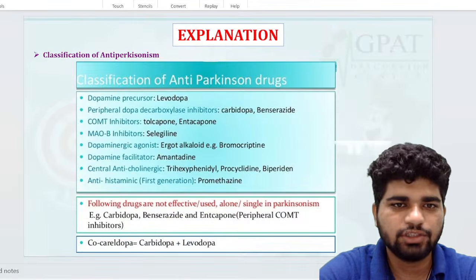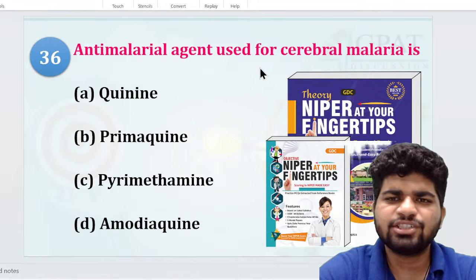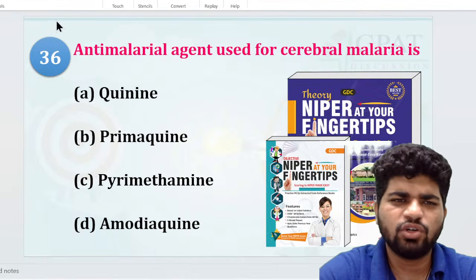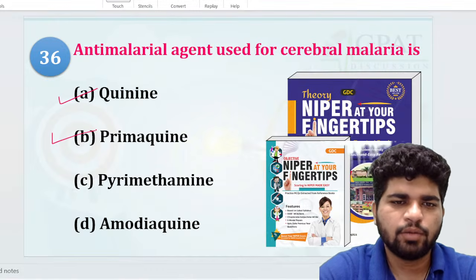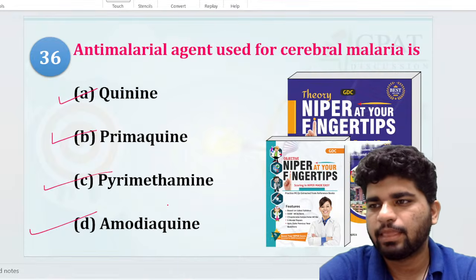Simple. Okay, now this one. Anti-malarial agent used for cerebral malaria. I don't know how many times they have asked this question again and again. Is it quinine, primaquine, pyrimethamine, or amodiaquine?